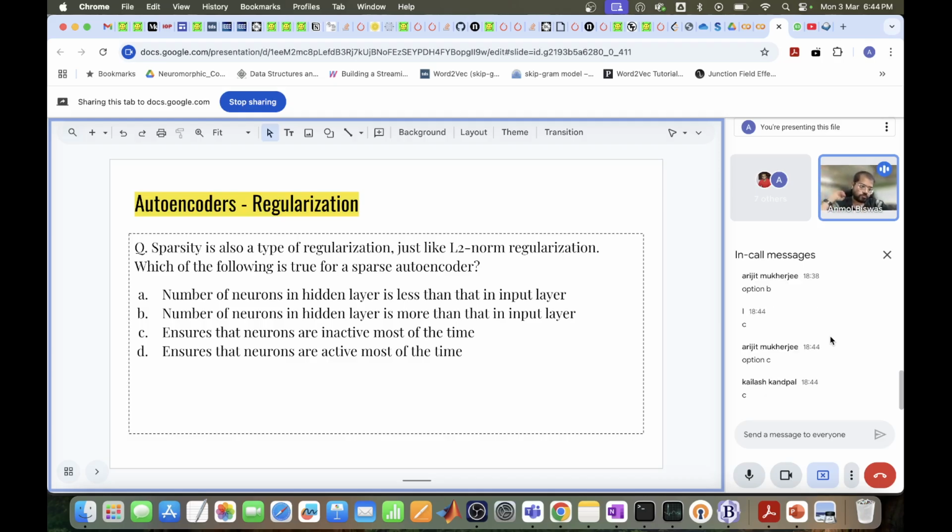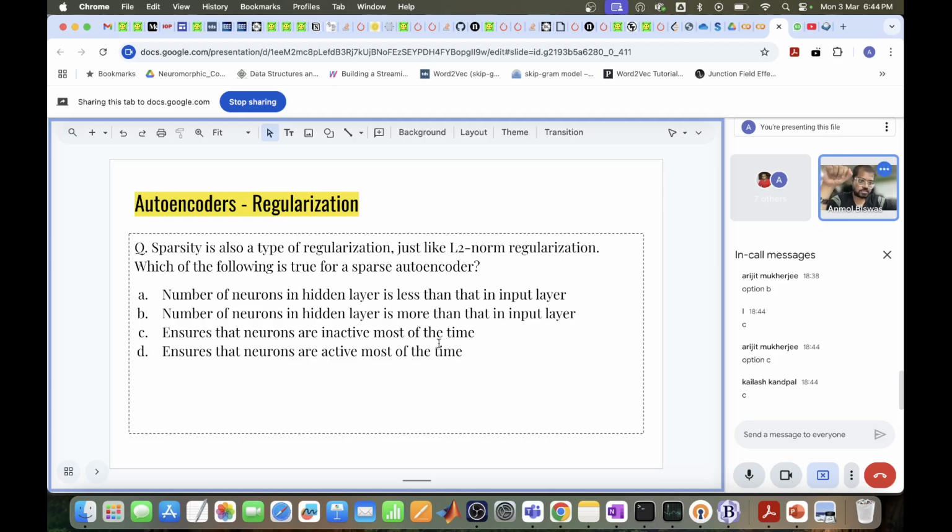So a couple of people have answered. Like I said, it is fairly straightforward to understand what this is supposed to mean if you understand the meaning of sparsity. Sparsity just means that most of your values are zero, and if values are zero, then the other way of saying it is that all of those units are inactive.